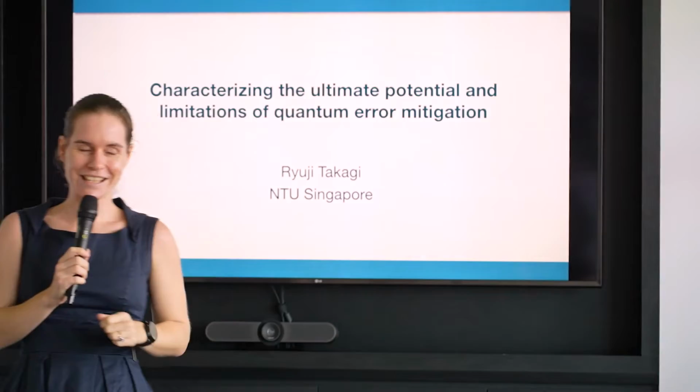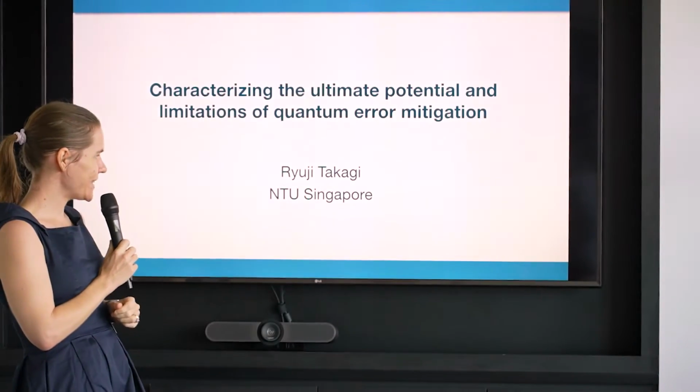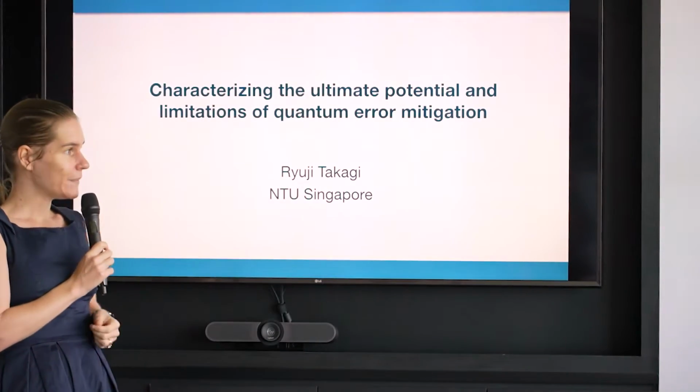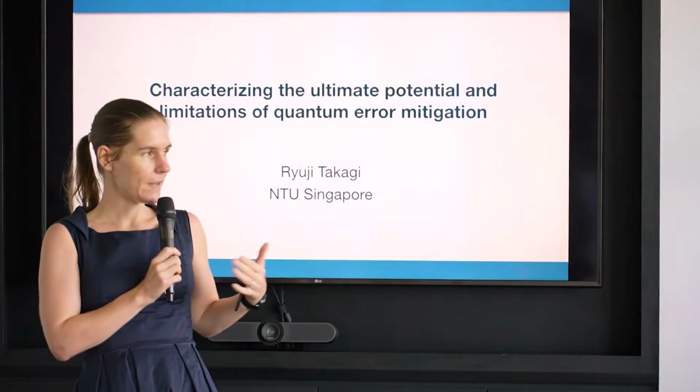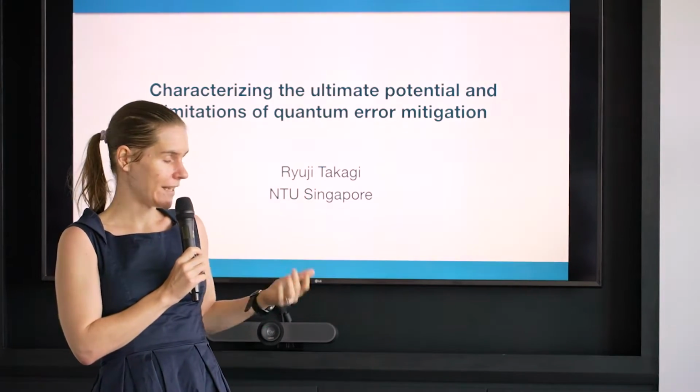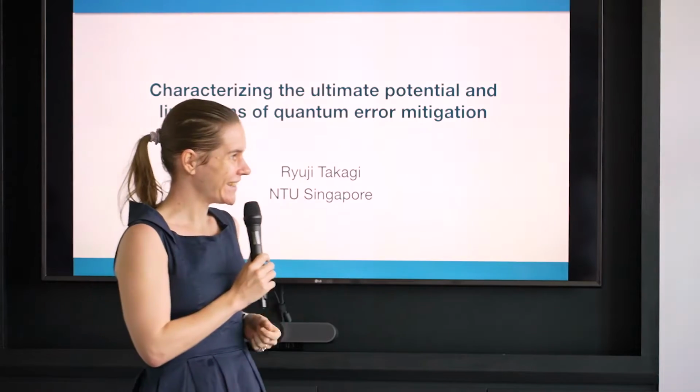So this work actually gave Ryuji an interest in error mitigation techniques, and more recently he's been working on the information theoretic characterization of error mitigation techniques. So I'm really excited to hear about that, and over to you.